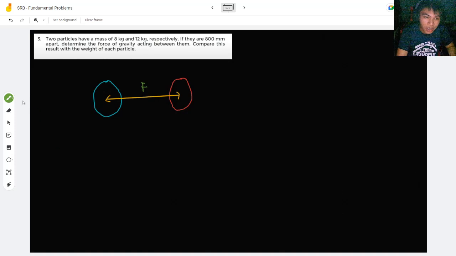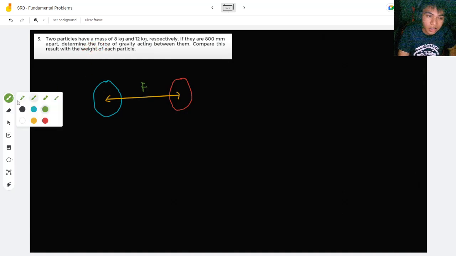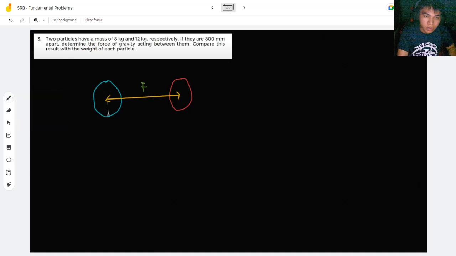So that is why, if we look at the end of the problem closely, we are comparing this result with the weight of each particle. Given the weight, that is basically gravity of the Earth. So let's treat this as more of like a free body diagram right now.